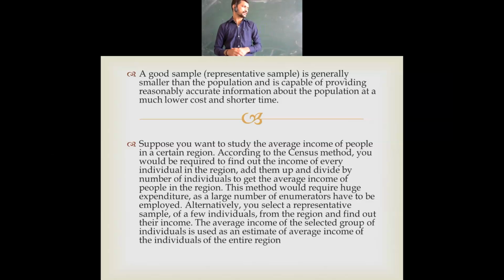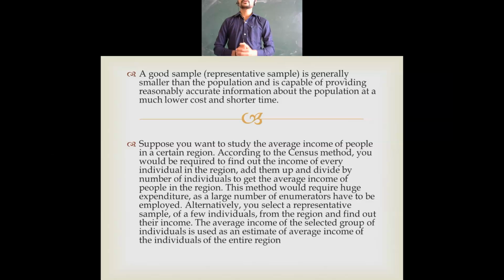According to the census method, you would be required to find out the income of every individual in the region. You collect the information, find the total income, and divide it by the number of individuals to get the average income of the people in the area.